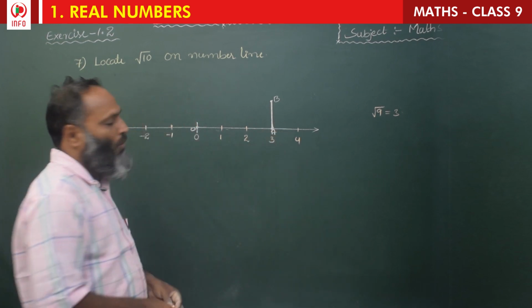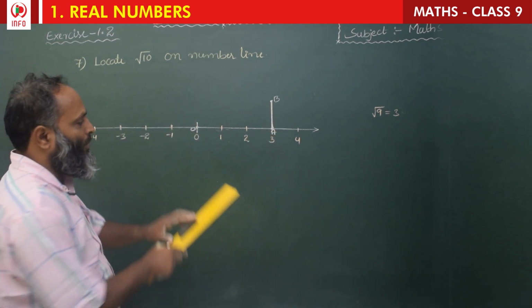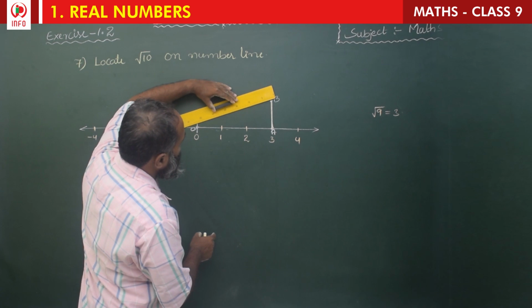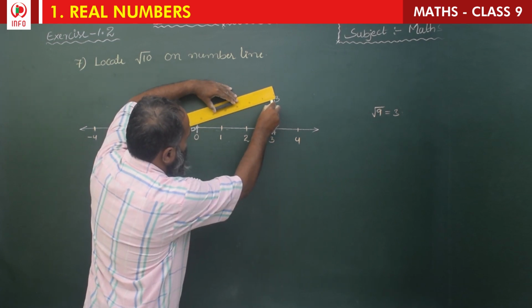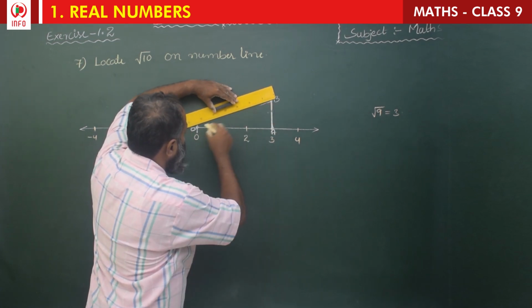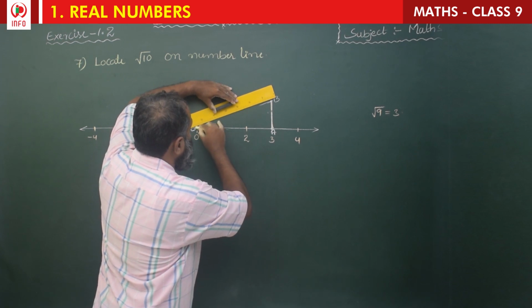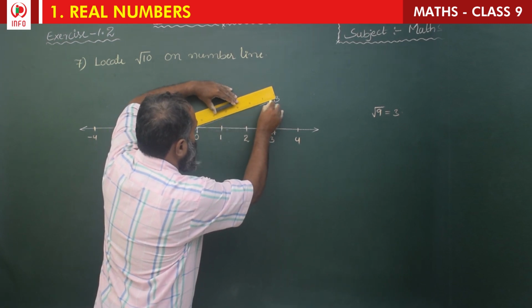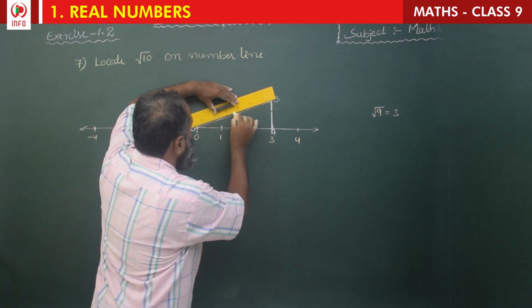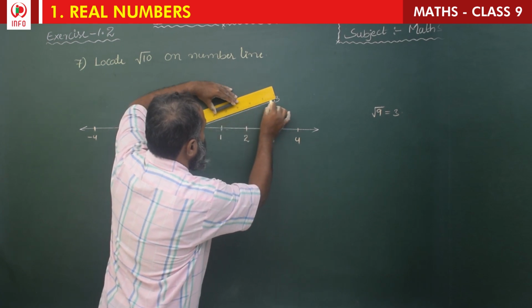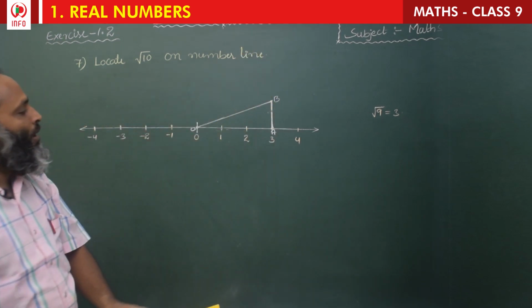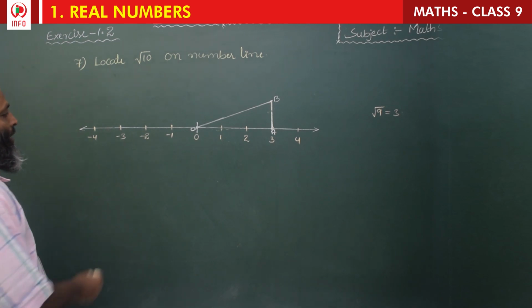Now join OB. OAB is a right angle triangle.